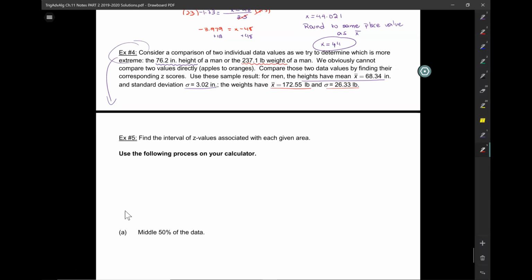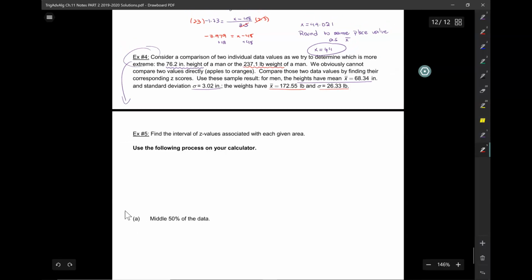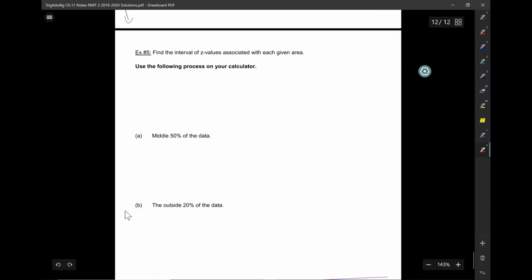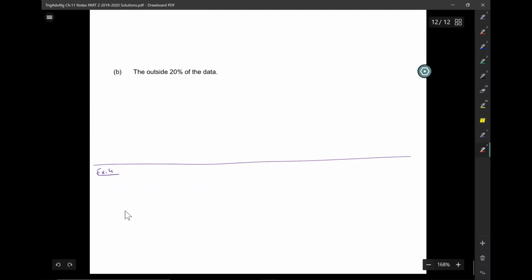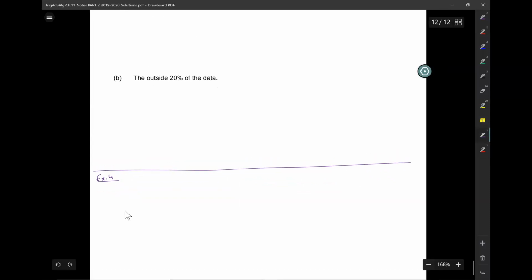So what we're going to do is find the z-scores of each of those data values. All right, so first, let's do the z-score of the height, and I'm going to label it z sub h.